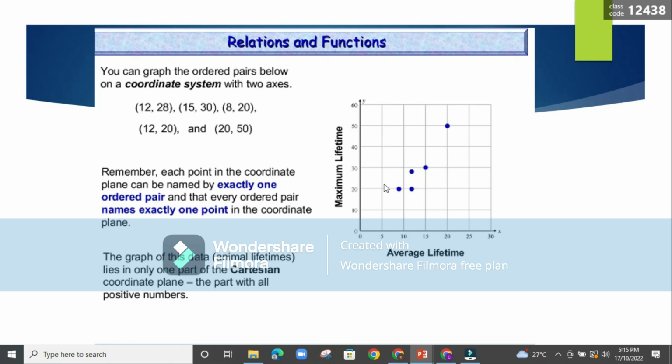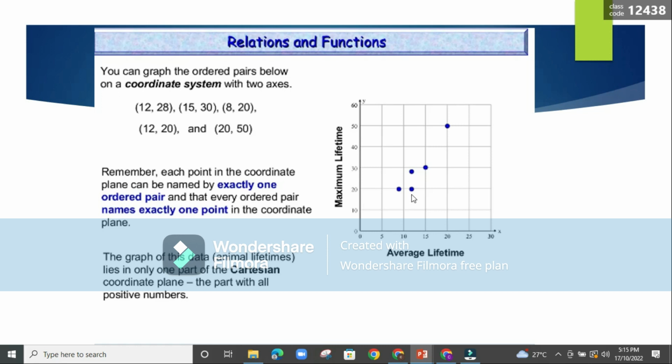Let's proceed to 12, 28 and 12, 20. We are looking first at the x coordinate. For 12, 20, 12 is somewhere here and our 20 is here. Look at that, 12, 20.